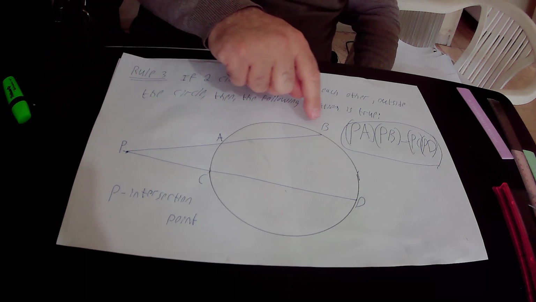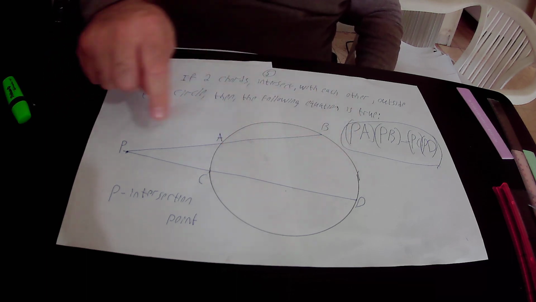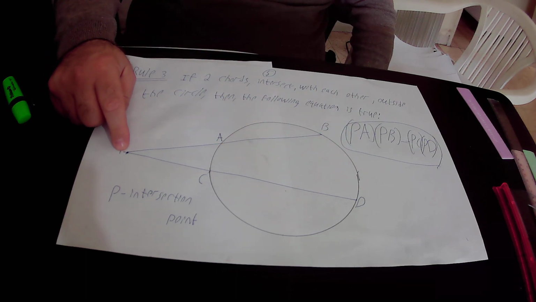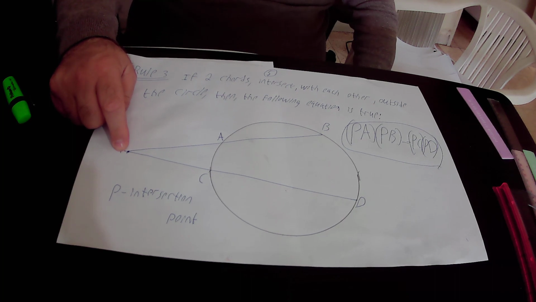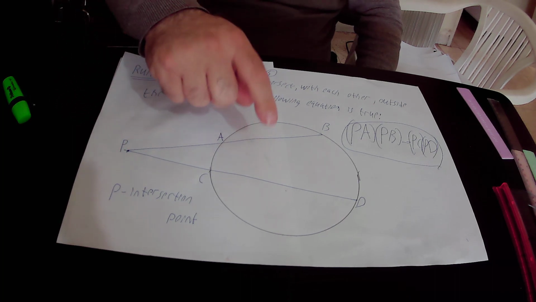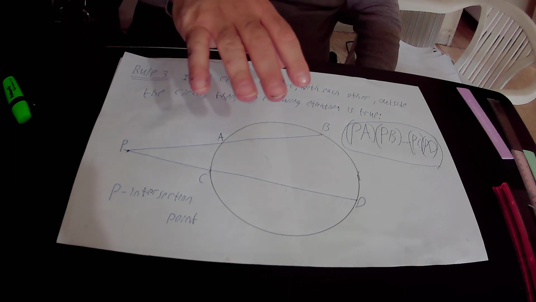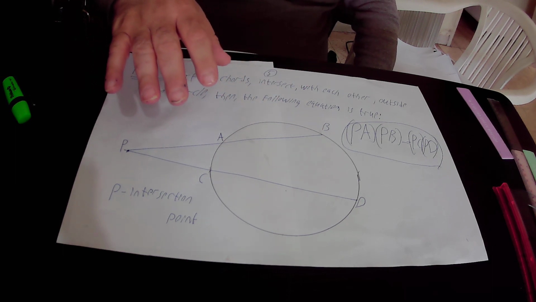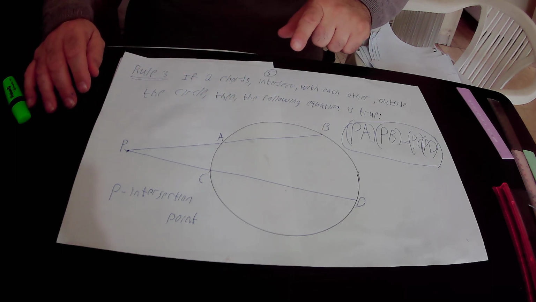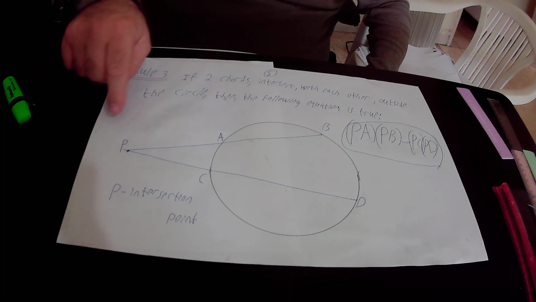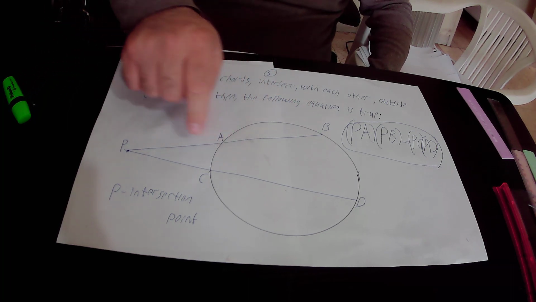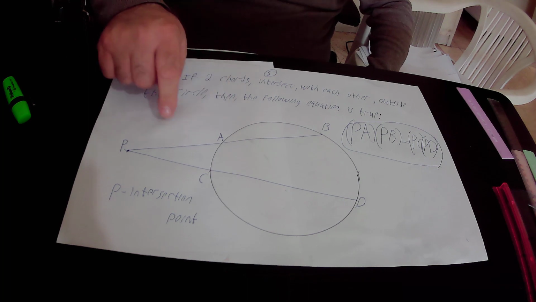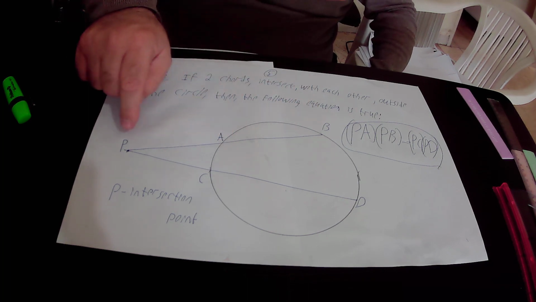Here chord AB intersects with chord CD at the external point P. So according to rule number 3, PA times PB equals PC times PD.